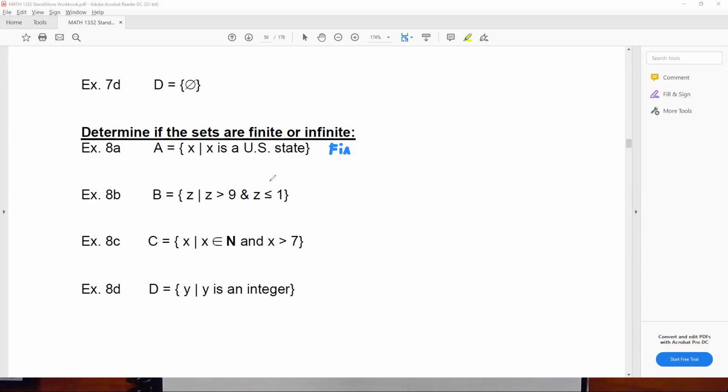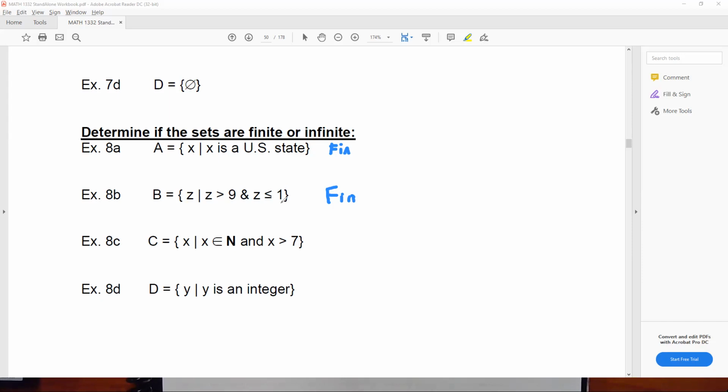No. Can it be above 9 and below 1? So the set would be empty. So it's not infinite. It's empty. I would consider that finite. If you consider nothingness finite, I think that's fine.